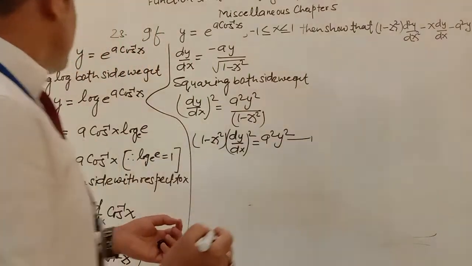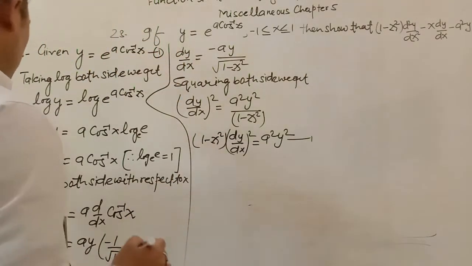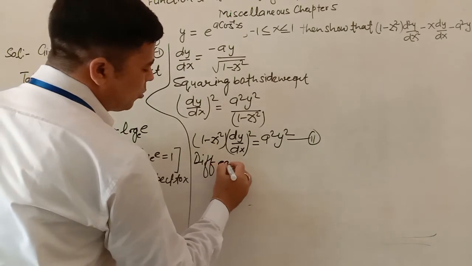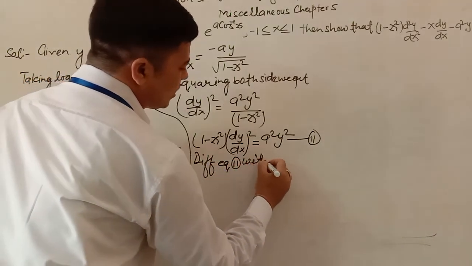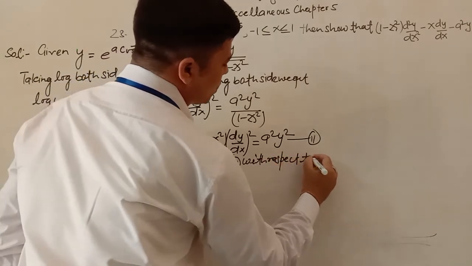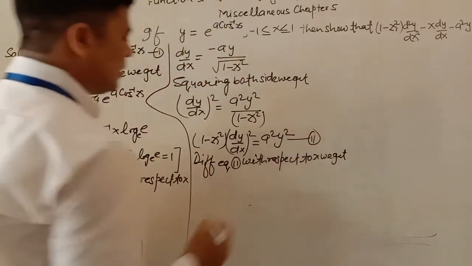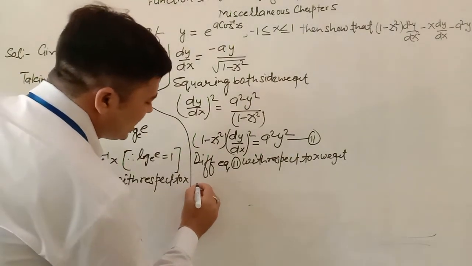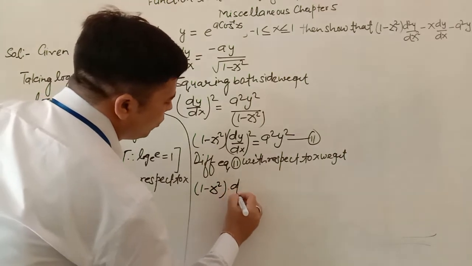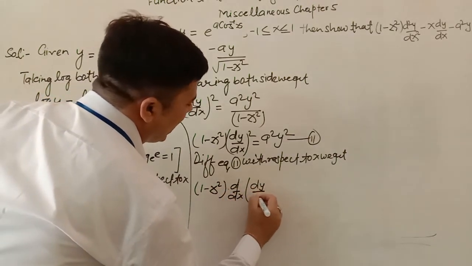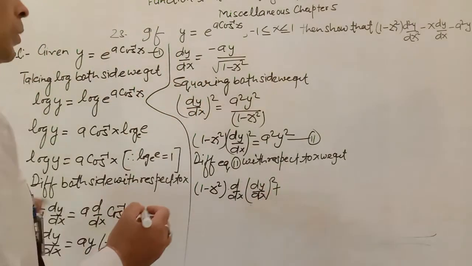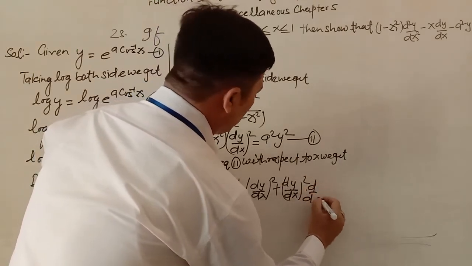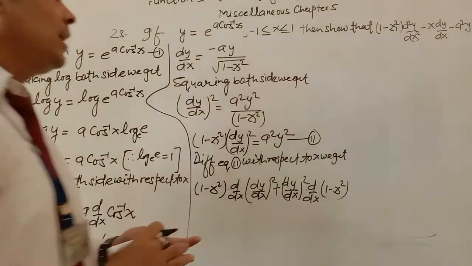Now differentiating this second equation with respect to x, we get, this is the multiplication of two functions: first function into d by dx of dy upon dx whole square, plus dy upon dx whole square into d by dx of 1 minus x square.